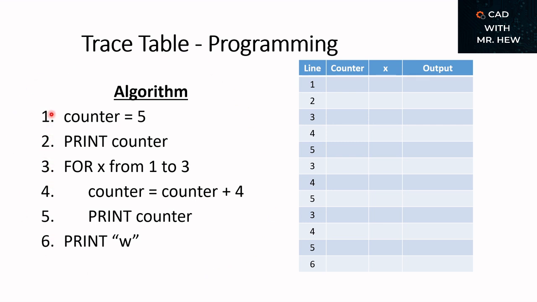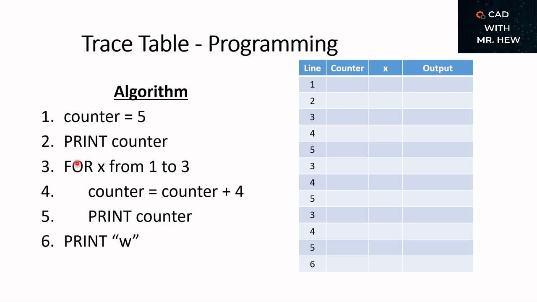So we have 6 steps here. For step 1, we have the counter being assigned the number 5, or 5 is assigned to the variable called counter. Line 2 in our algorithm will print the variable counter, right?